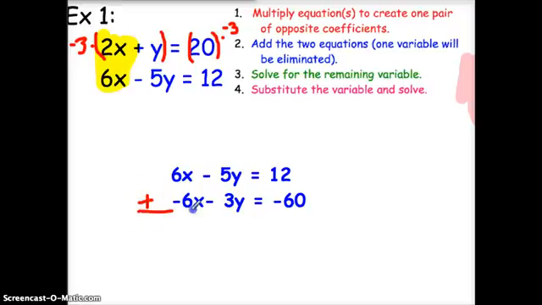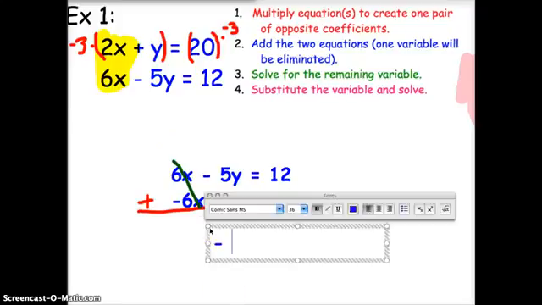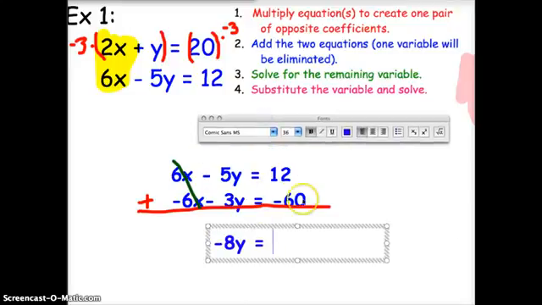So I'm going to add both of these together. 6x minus 6x, well, that's just 0, so those cancel out. Negative 5y minus 3y is going to be negative 8y. 12 plus negative 60, let's see. Negative 60 plus 10 would be negative 50. I've got two more, so that's negative 48.